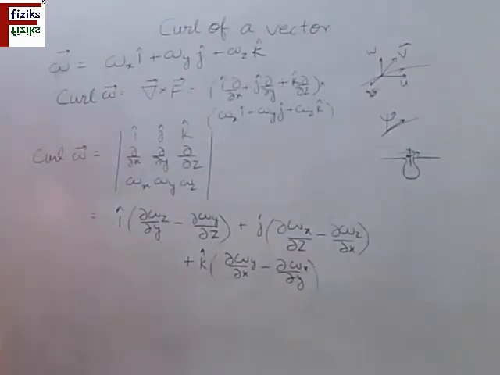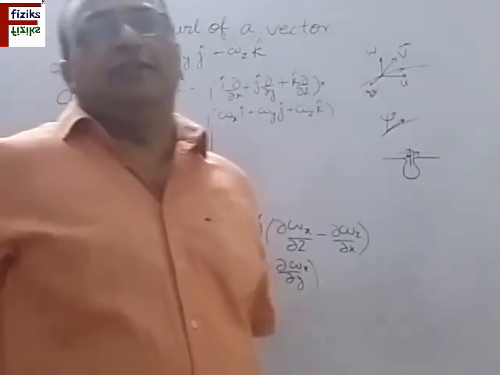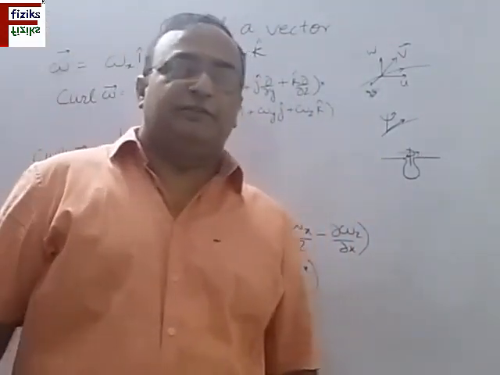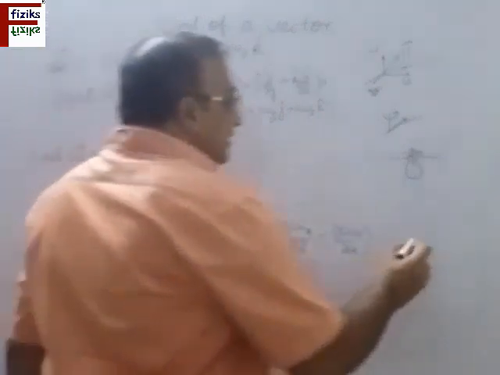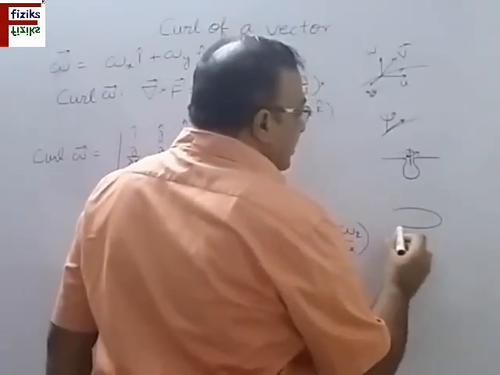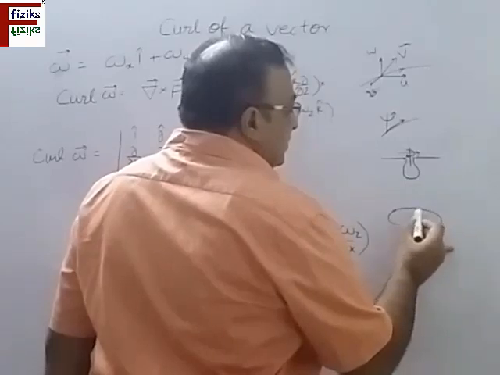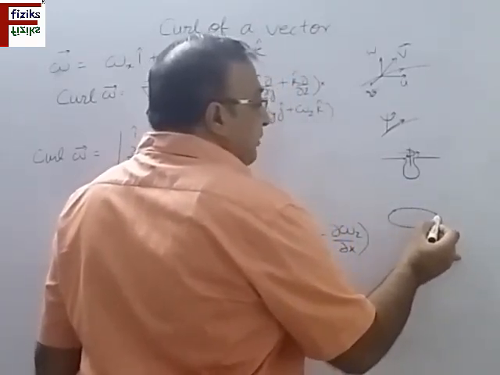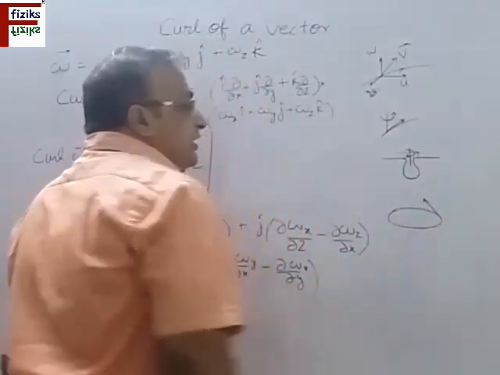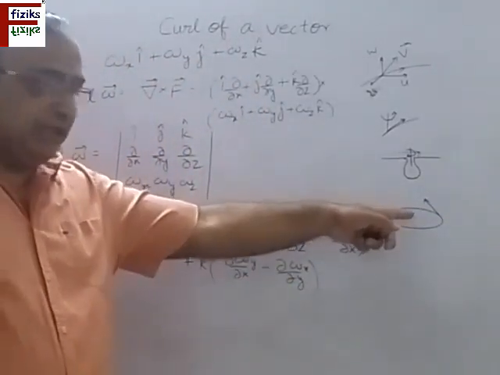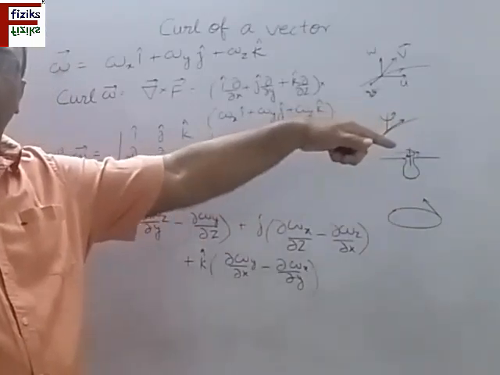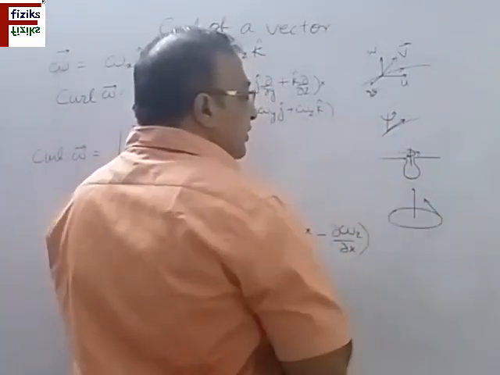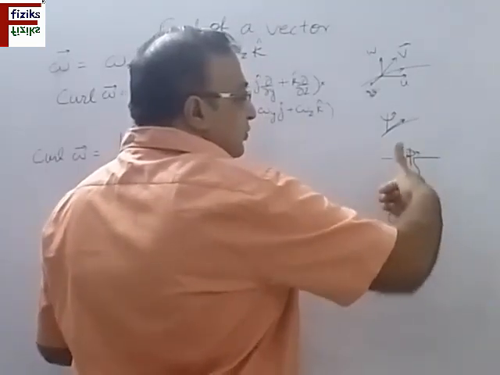Here we have taken the vector field as the angular velocity of rotation of the fluid particles. And you know that whenever there is rotational motion, suppose this is the path of a particle having rotational motion, it will be having the linear velocity tangential to this path in the same plane as this circle, v, and the angular velocity will be in this direction as per the thumb rule.